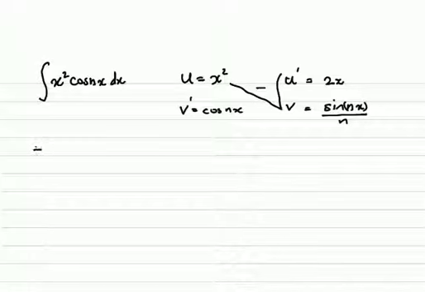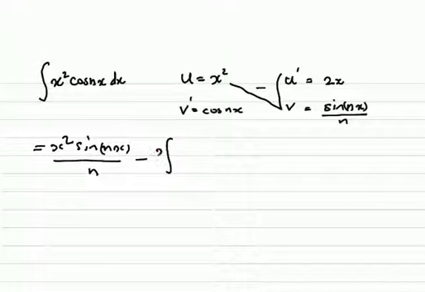Then this integral is going to be equal to x squared sine nx all over n minus the integral. Let's immediately take out 2 over n outside the integral sign and say x sine nx dx. Which means now we are basically at the initial situation, but the power of x now is 1. So we can repeat the integration by parts.